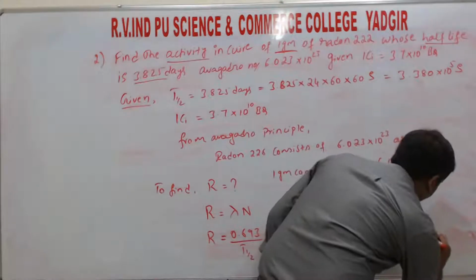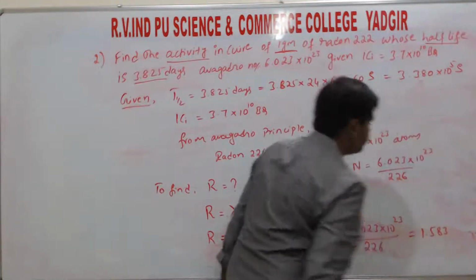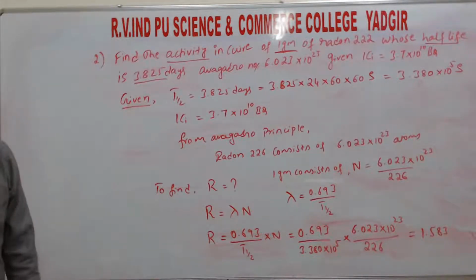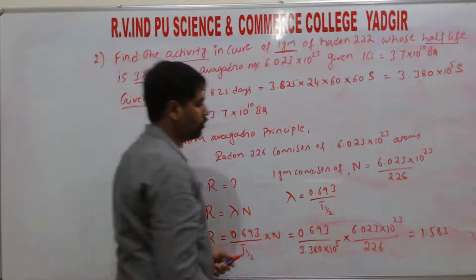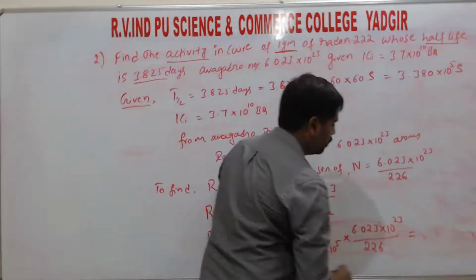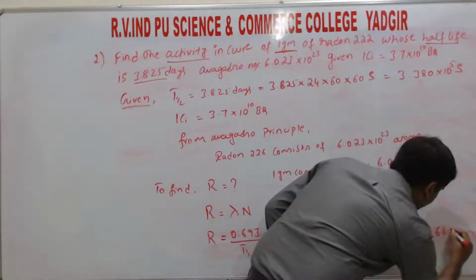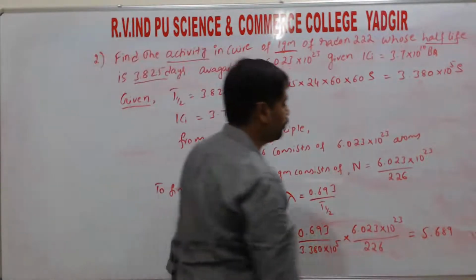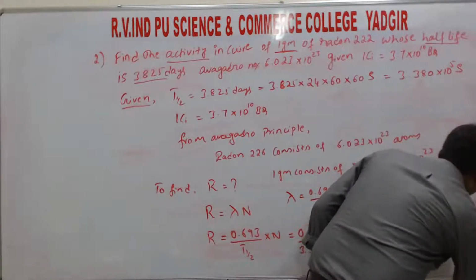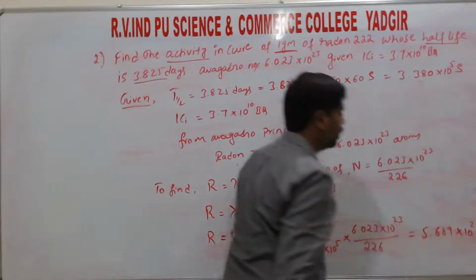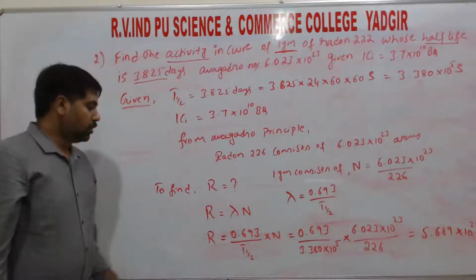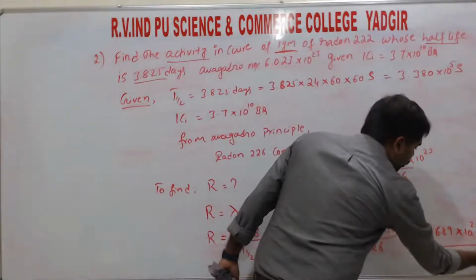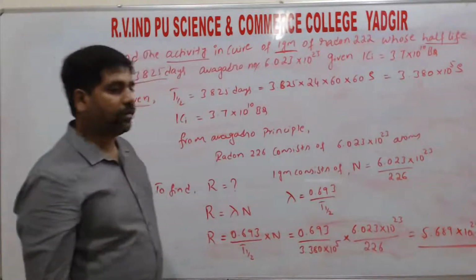Now if we simplify this, we get 5.689 into 10 to the power of 25 becquerel, right? So if they ask to find the activity, then this is the final answer, that is 5.689 into 10 to the power of 25 becquerel.